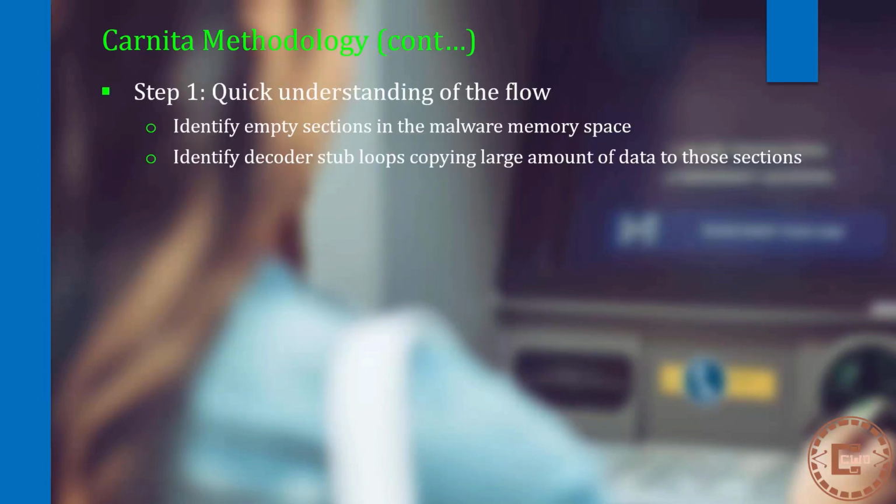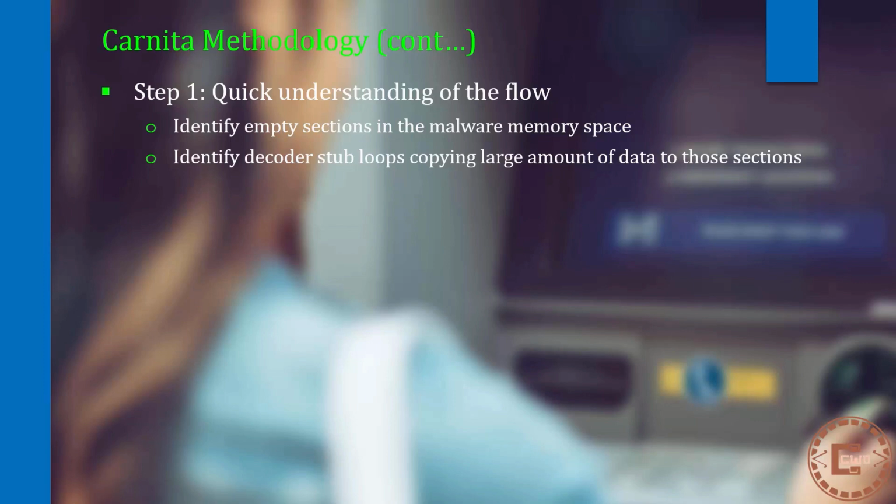Okay, the steps of the methodology are, first of all, a quick understanding of the flow, right? You need to go quickly into the flow. You don't need to go into the details, you just need to see how the flow goes. Then one recommendation is to identify if there are any empty sections in the malware memory space, and then see if there are any decoder loops copying a large amount of data into those sections, right?